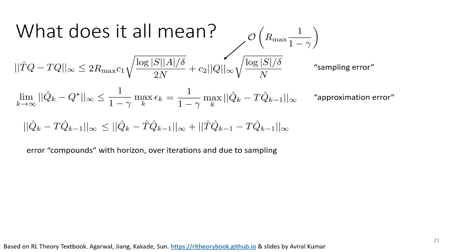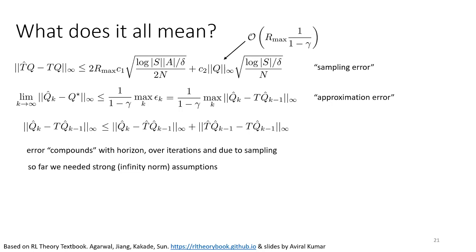We talked about how the value functions and Q functions, basically their magnitudes are the reward times the horizon, so it's R max over 1 minus gamma. So if you imagine what will happen if we substitute epsilon k plus sampling error into that second equation, you have a 1 over 1 minus gamma term in front, and then you have a sum of 3 terms, one of which itself also has a 1 over 1 minus gamma term in it. So the overall order of the error will be quadratic in 1 over 1 minus gamma, just like we saw in part 1.